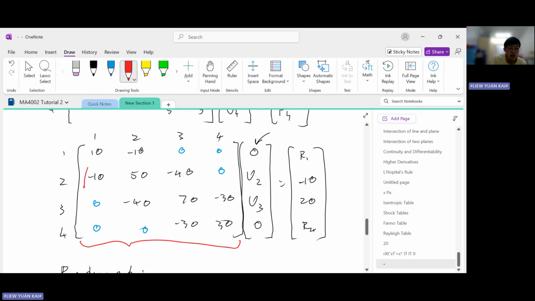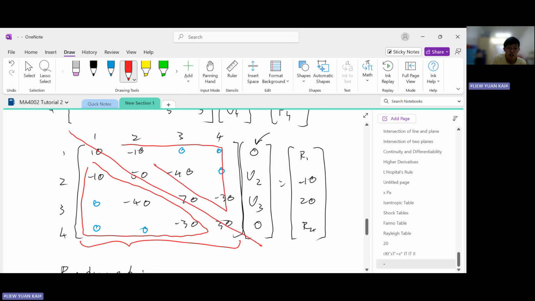Meaning, are these entries mirrored along the diagonal to be exactly these entries? And it is. You see, minus 10, same as minus 10. 0, same with 0. 0, same with 0. Minus 40, same with minus 40. 0, same with 0. Minus 30, same with minus 30.